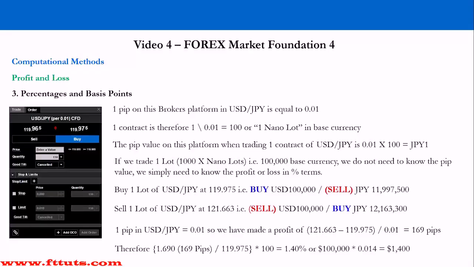So get into the habit of working everything out in percentages and basis points for that reason, but also you're going to see as we move on to volatility that everything is about percentages, because we need a level playing field. We need to understand what these opportunities are and what the risk is when compared to other opportunities and other risk across the Forex remit.